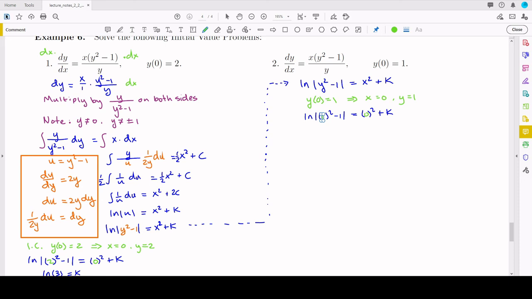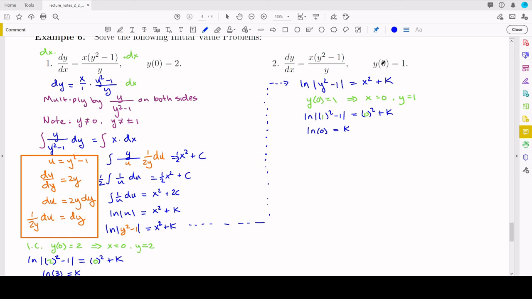So now that's a problem because on the left-hand side we get ln of 0, which is not defined. On the right hand we have k. So we cannot solve that equation that way. We should already not even have tried that because this only worked if y was not equal to 0 and not equal to plus or minus 1.